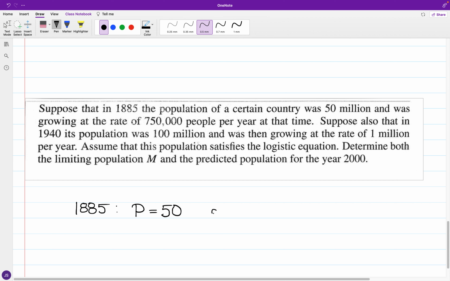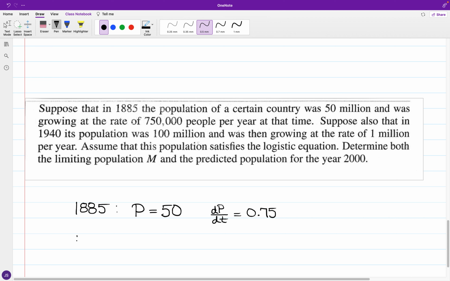For the rate of change in the population, you have 750,000 people per year. We can just write this as 0.75, as in 3/4 of a million.